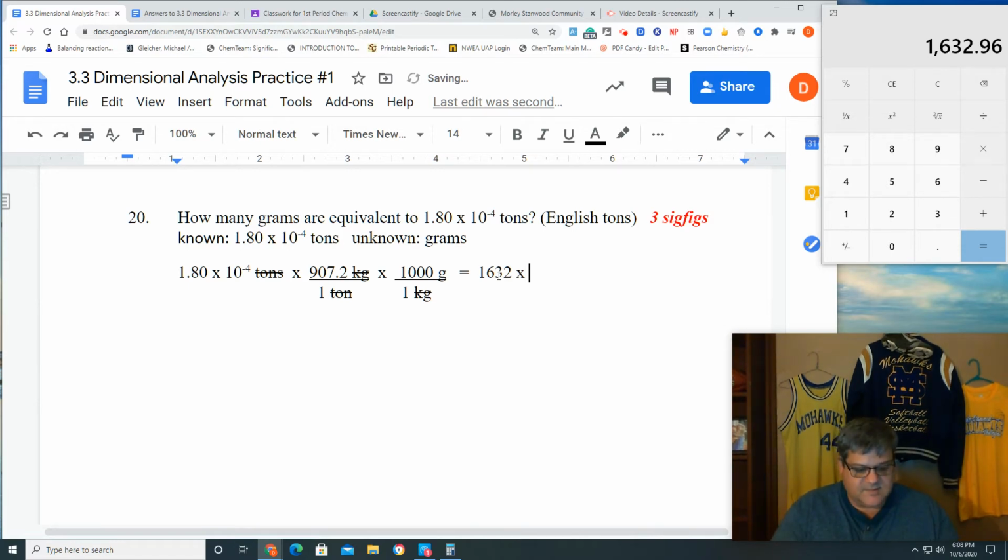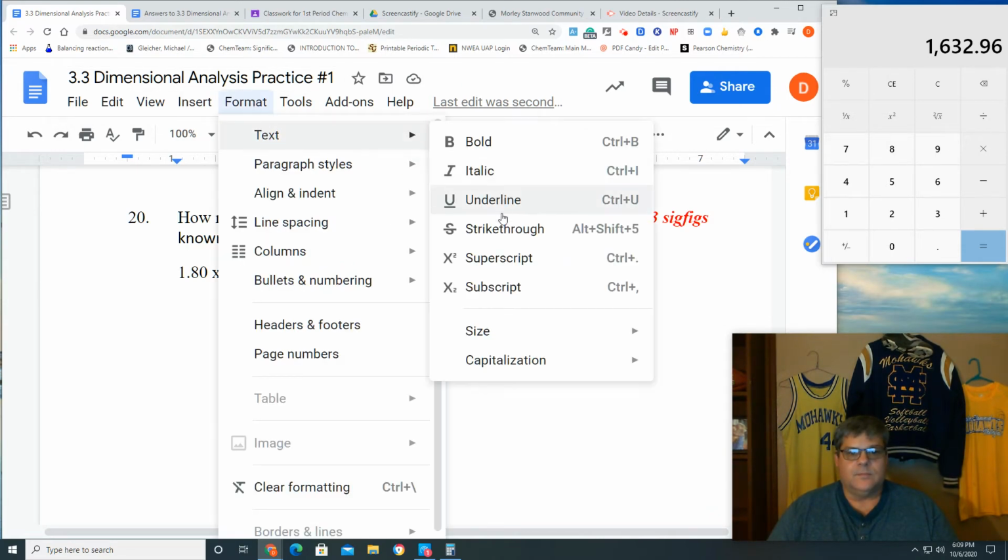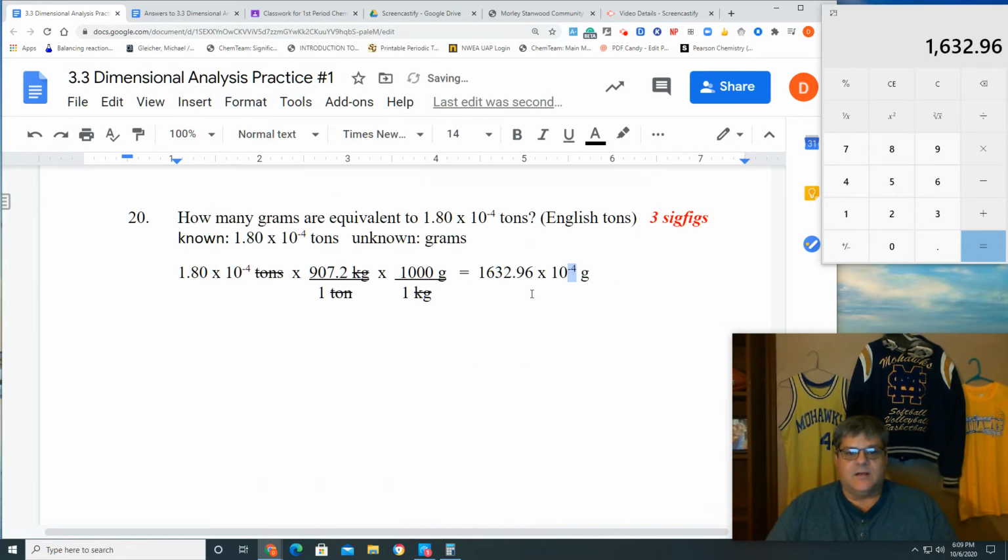That's going to be times 10, and I still have the negative 4. So we're going to put minus 4, and that's going to be grams. This is going to be 0.96. Everything in there, we're going to make this the superscript, like we normally would do. Now our problem is this is not written in correct scientific notation, so we have to do that. So we're going to move it over 1, 2, 3.